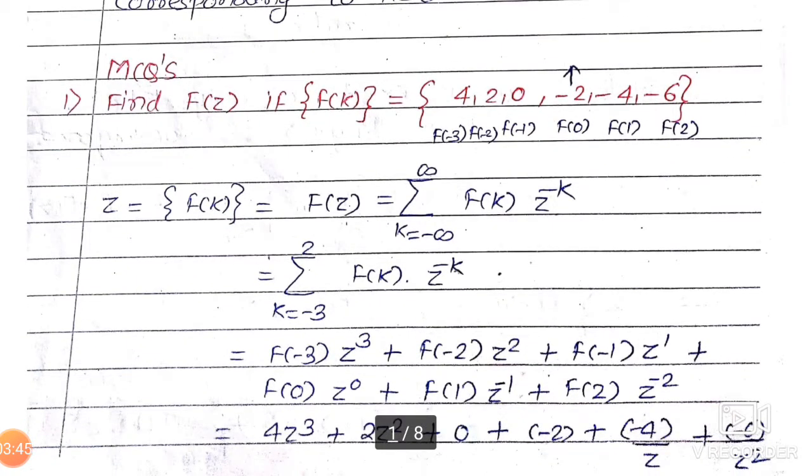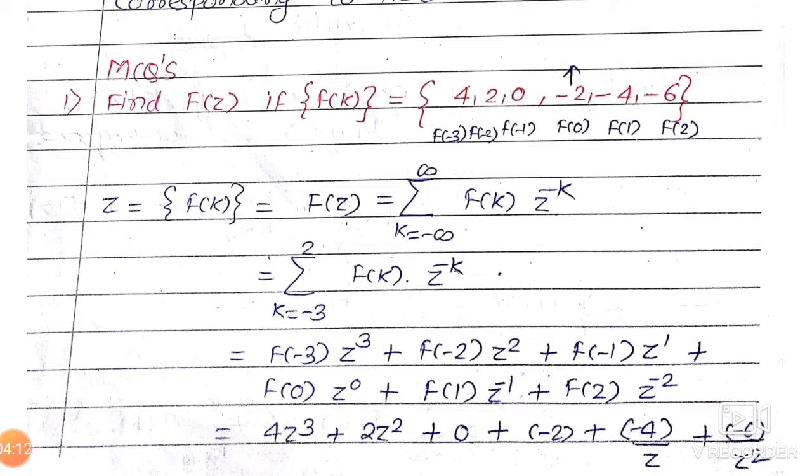Now we substitute the values of k from left to right. First of all, substitute k equal to minus 3 in the given summation. So the first term becomes f of minus 3 z raised to minus of minus 3, so minus of minus 3 becomes plus 3. Next value is k equal to minus 2.